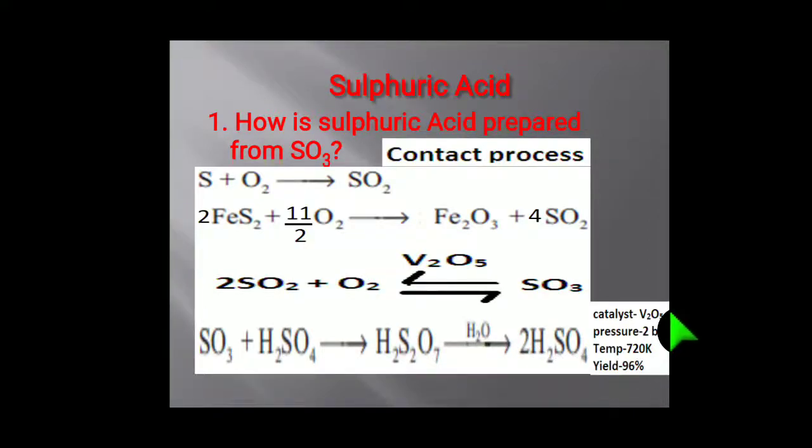Here the catalyst we have used is vanadium pentoxide, and the pressure we should maintain is 2 bar, temperature 720 Kelvin, yield 96%.